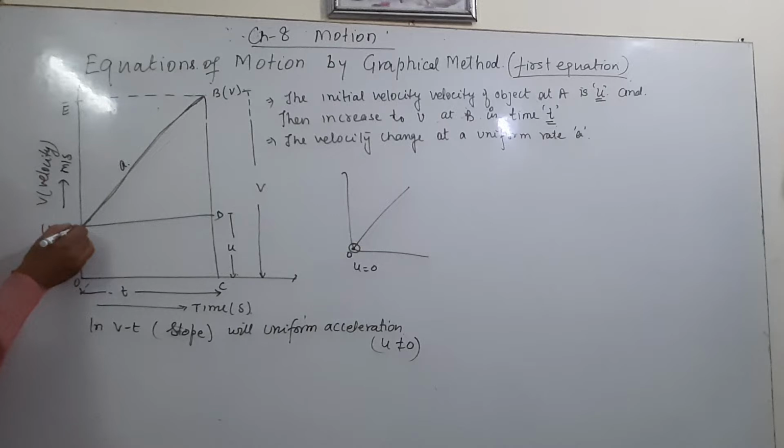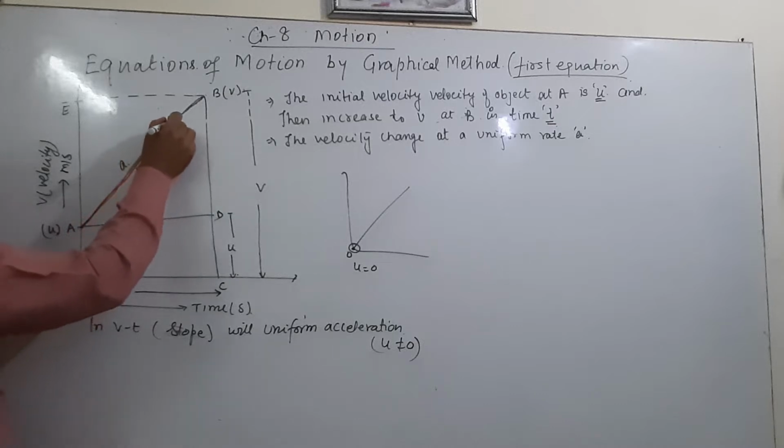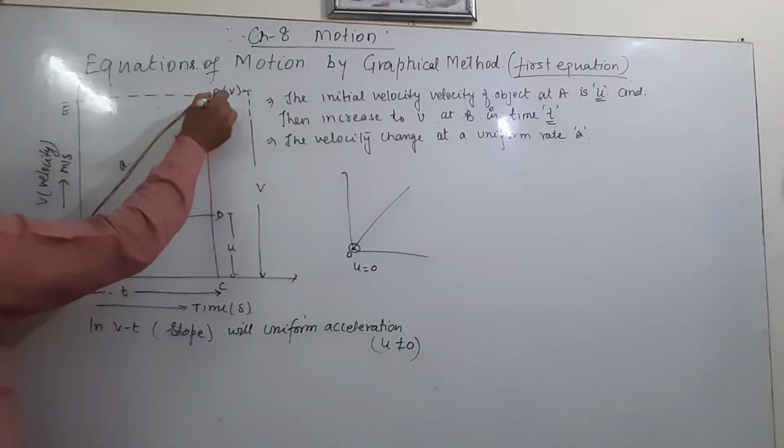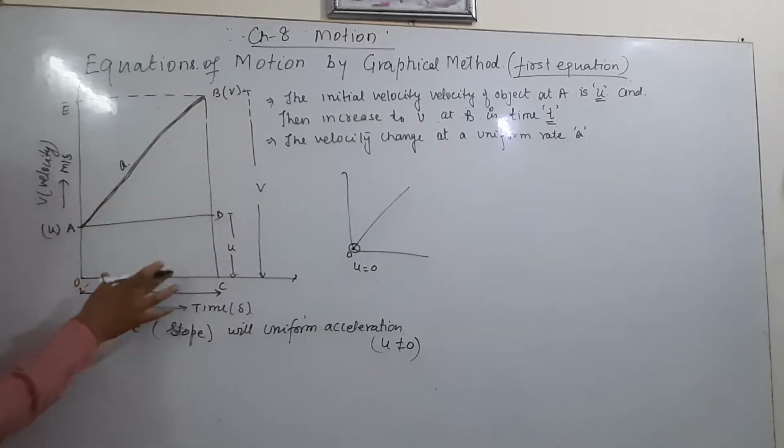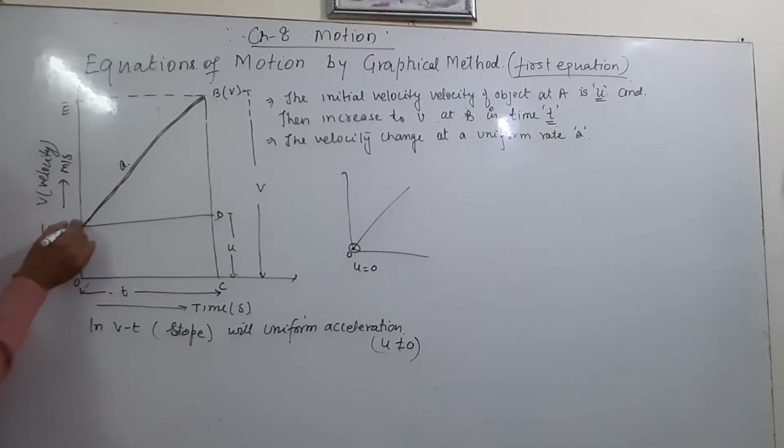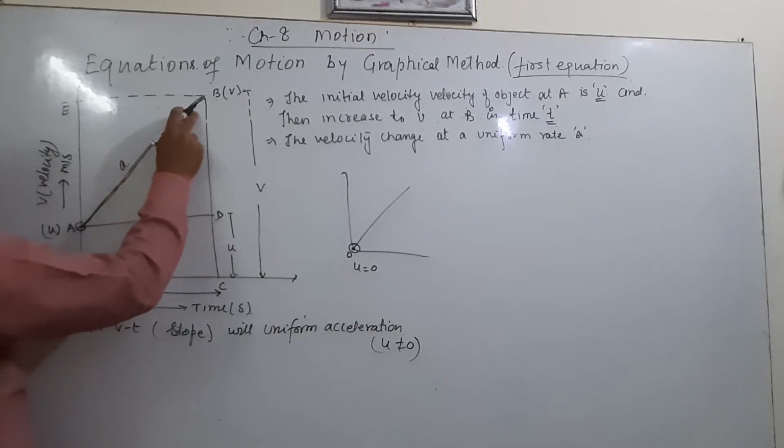The object at point A has velocity u, the initial velocity, and it increases its velocity at a uniform rate.